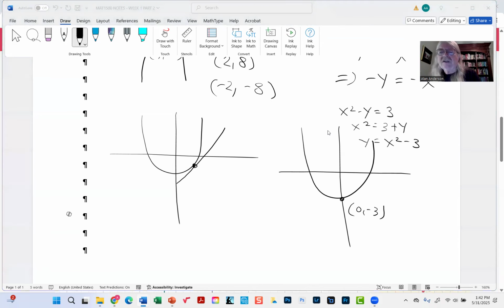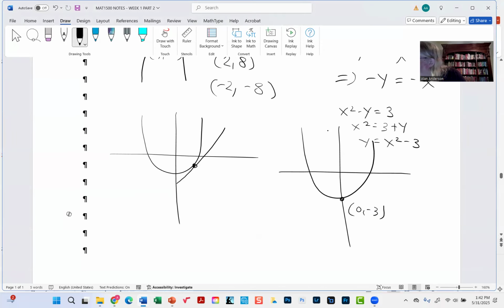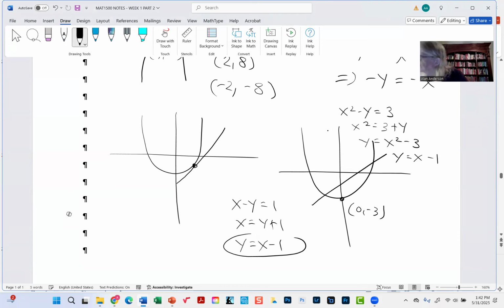Then the straight line they're giving us is x minus y equals 1. And so the intercept here is (0, -1).